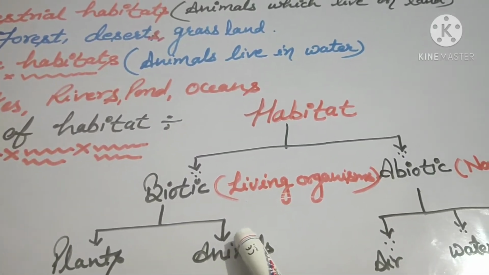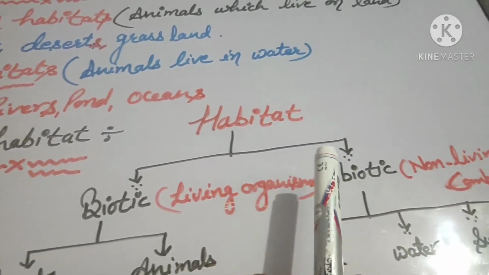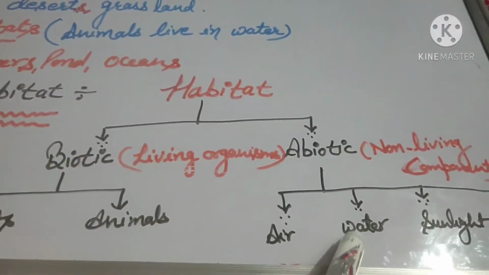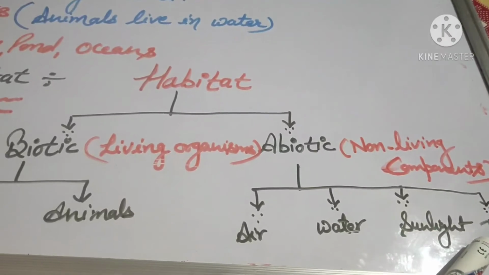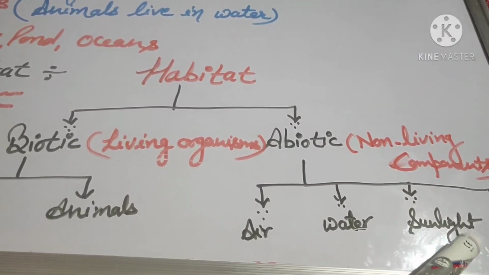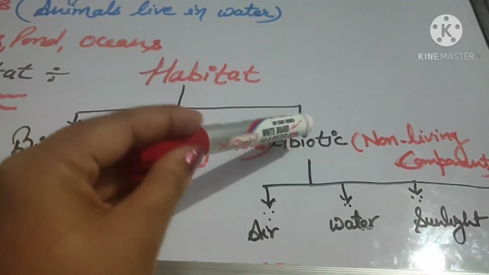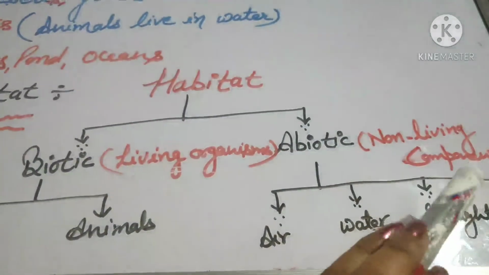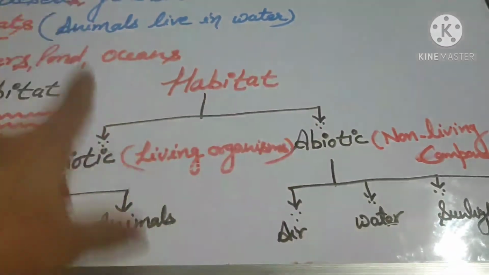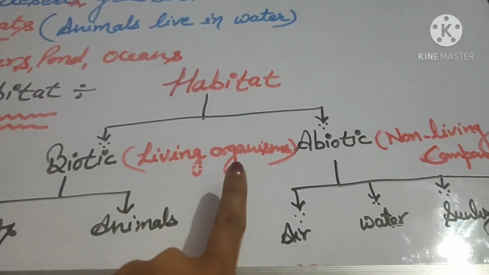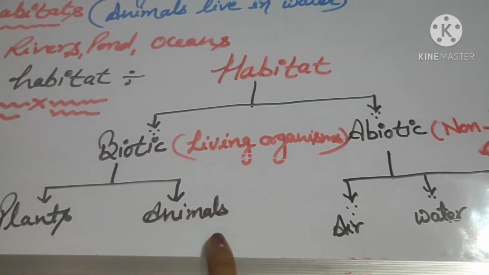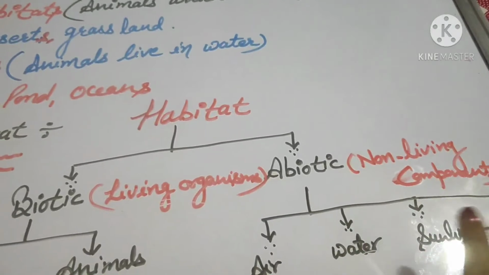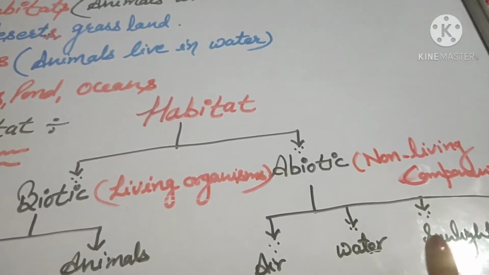All right, and all non-living components include air, water, sunlight, and temperature. These are abiotic components. Means these are all non-living components. All right. So biotic means living organisms, plants and animals, and abiotic components are non-living components like air, water, sunlight, temperature.